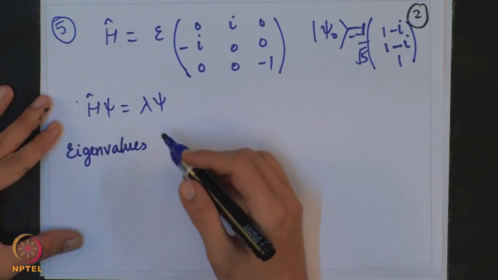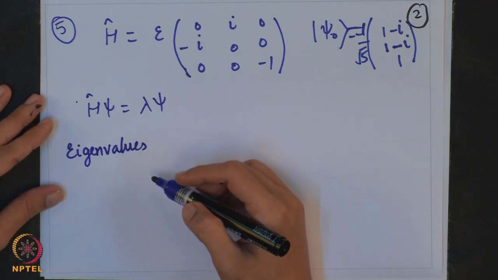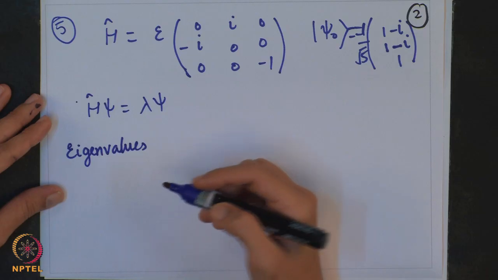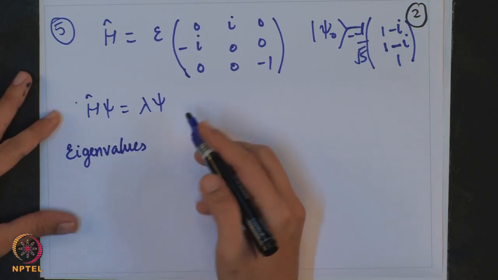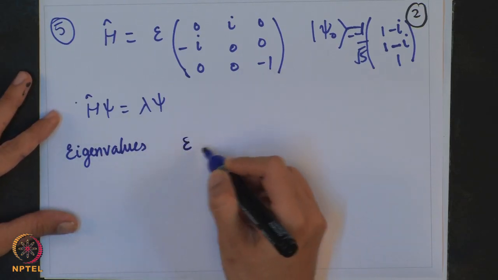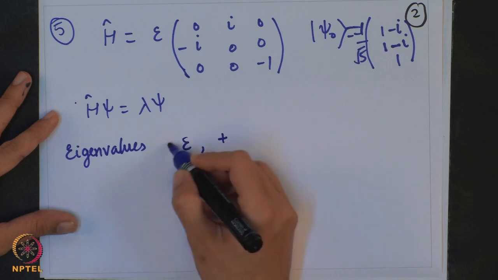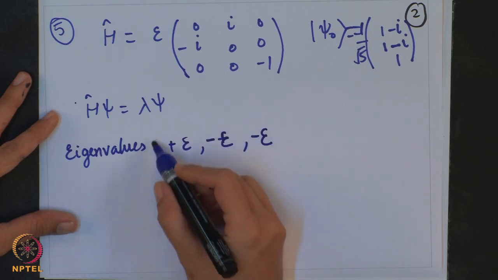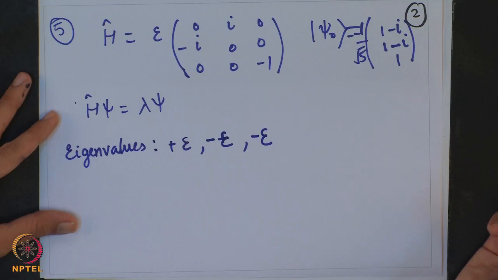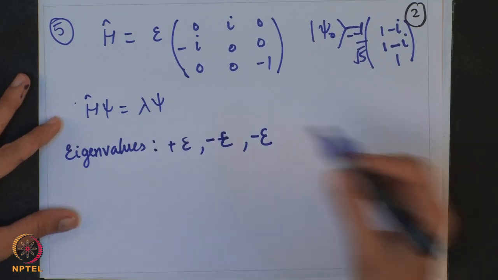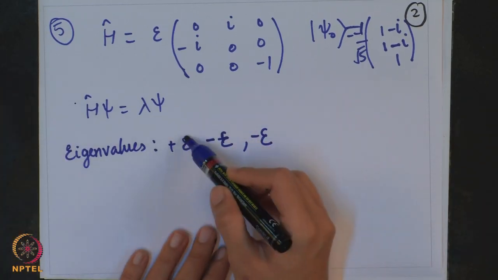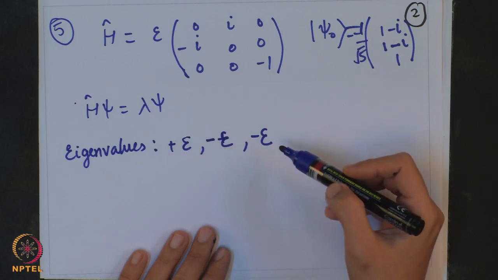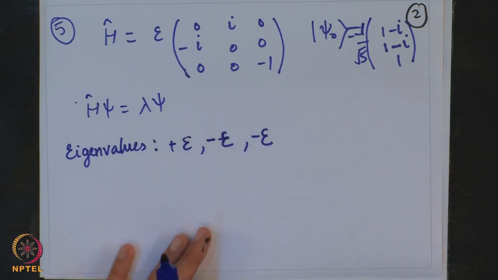By now you have mastered the way to calculate the energy eigenvalues and eigenvectors, this is what I hope, and by looking at the matrix you can guess plus epsilon, minus epsilon and minus epsilon. These are the energy eigenvalues. You can see from here that epsilon and minus epsilon are the energy eigenvalues.